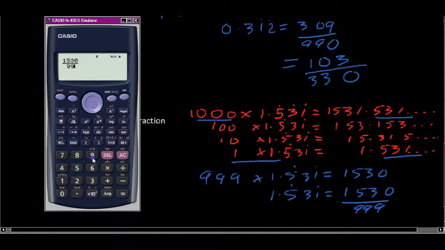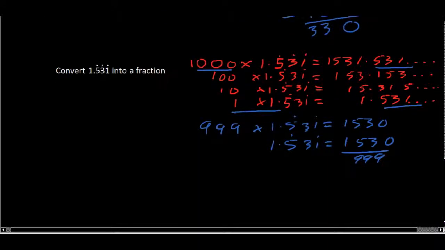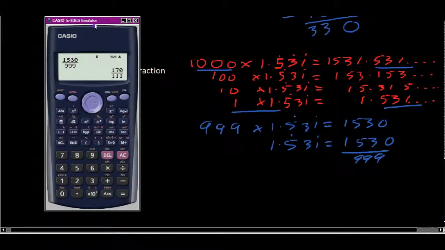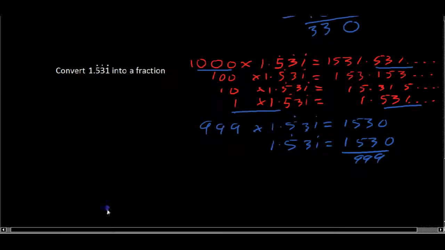This 999 equals, and it does cancel down. So we get 170 over 111.